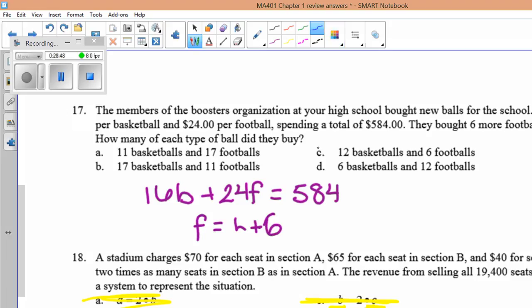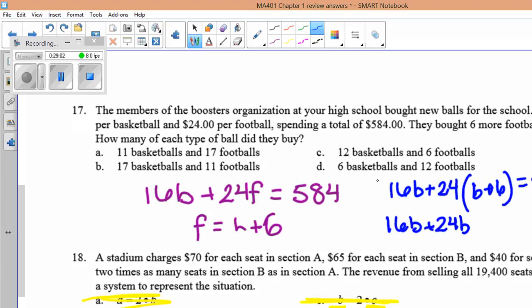Okay, so it's going to be 16b plus 24, and then f is b plus 6, equals 584. So 16b plus 24b plus 24 times 6 is 144 equals 584.